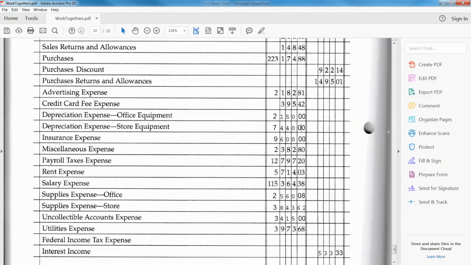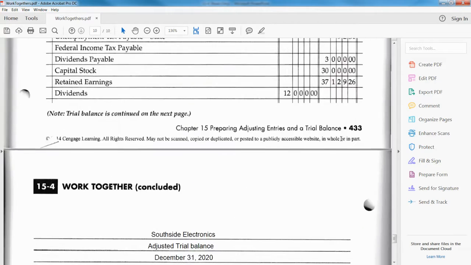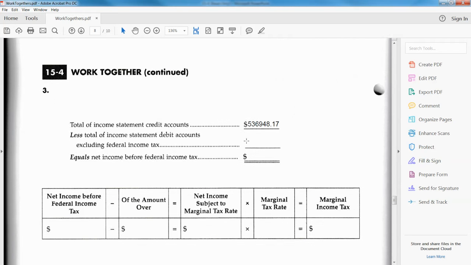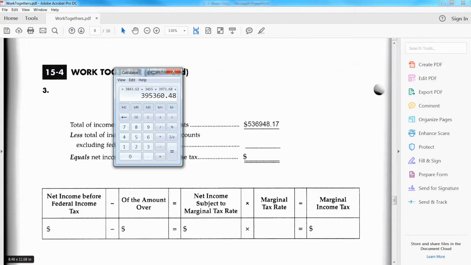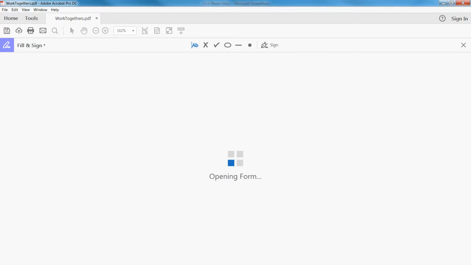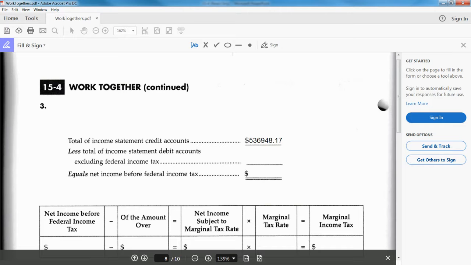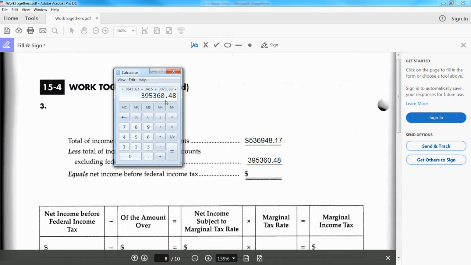And that's it. So now I can go back and I need to enter that amount on the next line. So that amount was $395,360.48. And then we need to subtract.